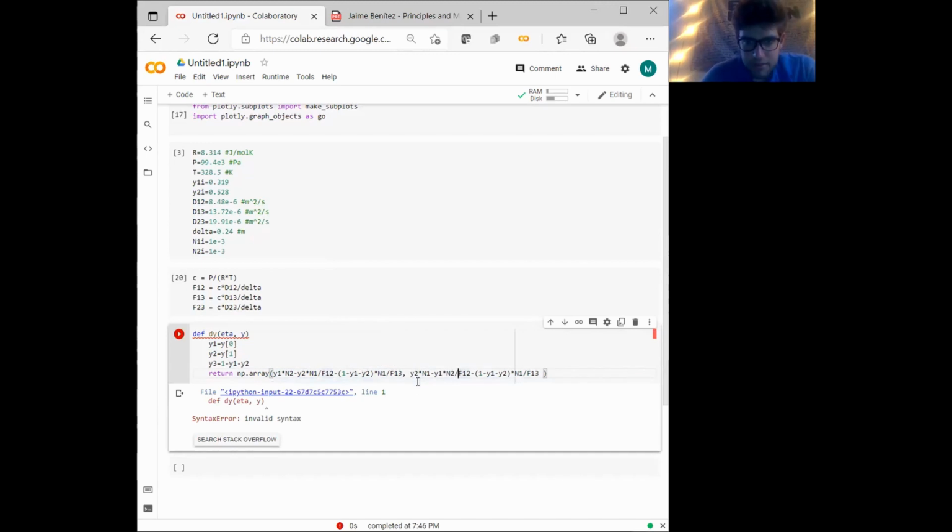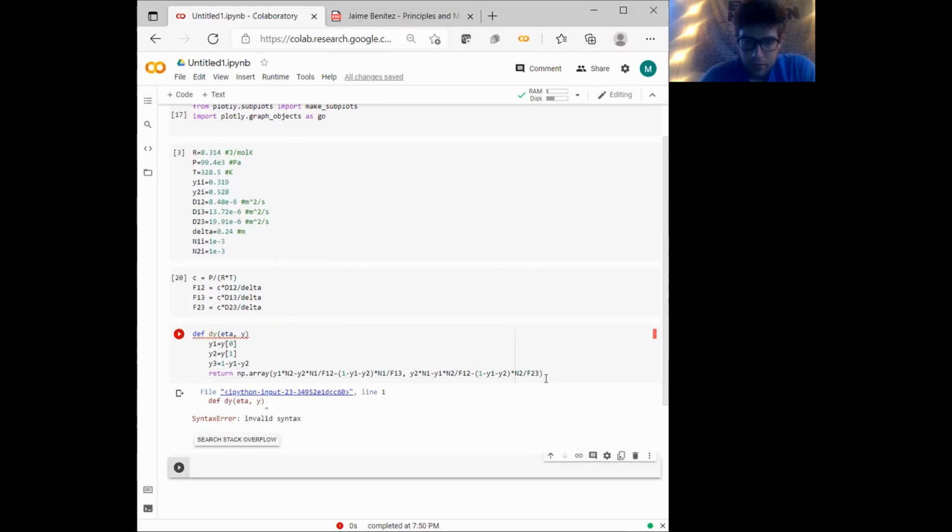Okay, 2, 1, 1, 2, and 1, 2 is going to stay. And then we have 1, 1, 2. This will be a 2, and this will be a 2. All right, so those are just defining our equations and typing them in. Nothing very big there. And we're going to see if that works.